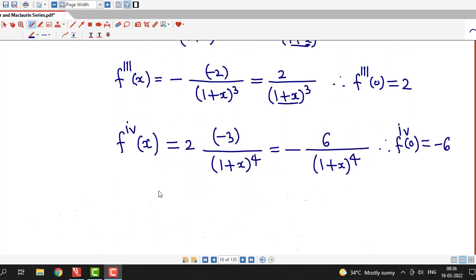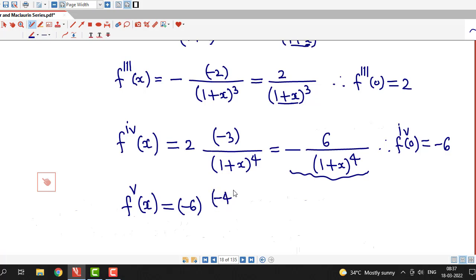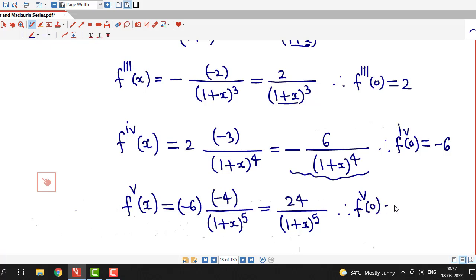We obtain one more derivative, and that is derivative of fifth order derivative at any point x. This is equal to derivative of this function. So minus 6 constant as it is. Derivative of 1 over 1 plus x raised to 4 is minus 4 divided by 1 plus x to the power 5, and this is going to be 24 divided by 1 plus x to the power 5, and we require value of this derivative at x equal to 0.